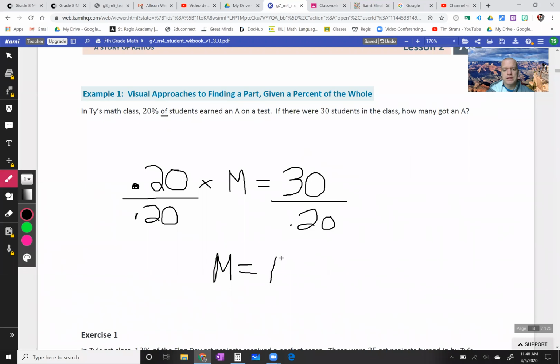So m is 150, right? So 20% of the students earned an A. If there were 30 students in class, how many got an A? 150. That doesn't make sense at all, does it? So let's see what we did wrong.